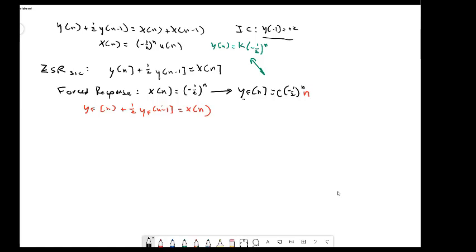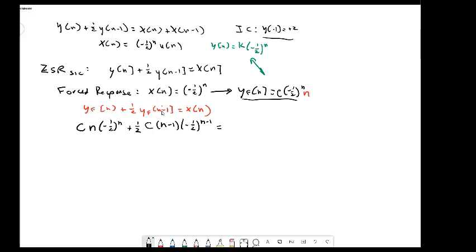Here's our assumed y_f, c times n times (-1/2)^n, plus 1/2 y_f. The forced response at n-1 is the same as taking our y_f over here, and everywhere there's an n, we have to replace it with n-1. So this would be c times the quantity (n-1) times (-1/2) raised to the n-1 power.